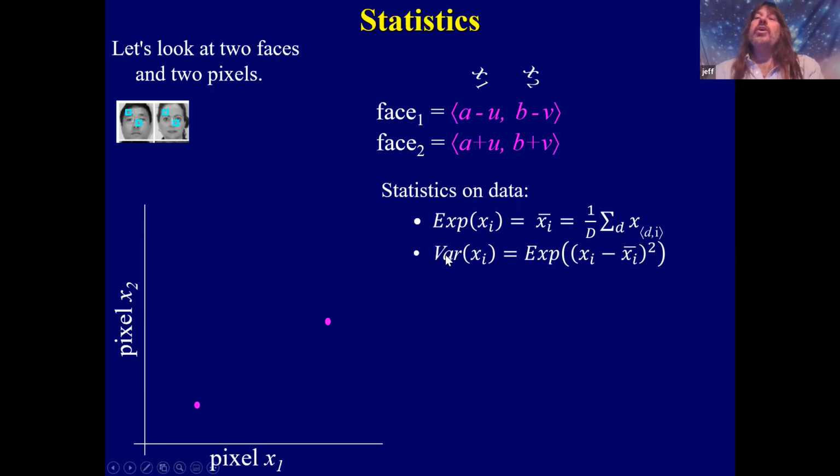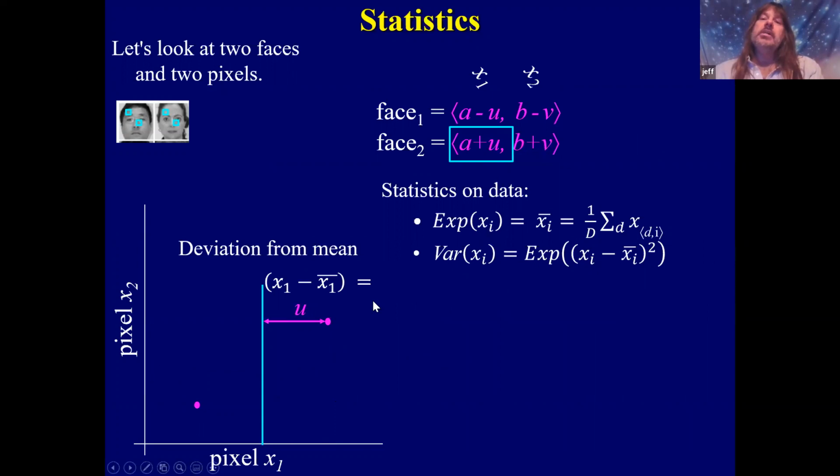All right, so now we're going to talk about variance. Variance is a measure of how far you deviate from the mean. So let's look at our first point. What we're going to calculate here is, xi bar is the mean. The mean was, remember, our A. So this value is A here.